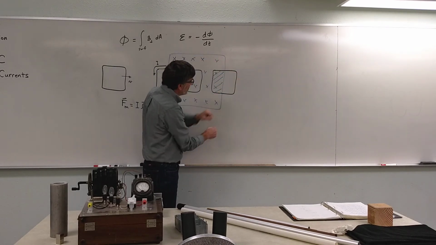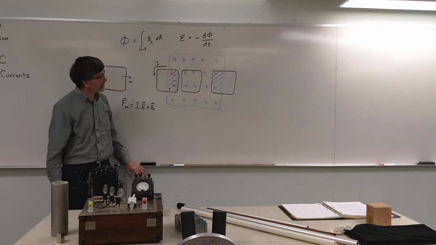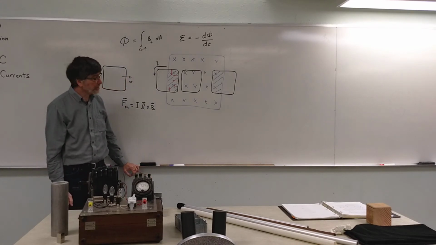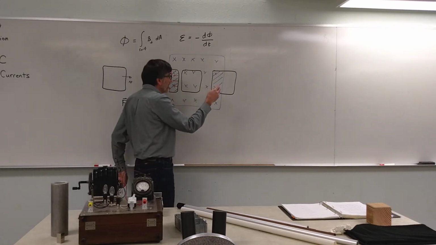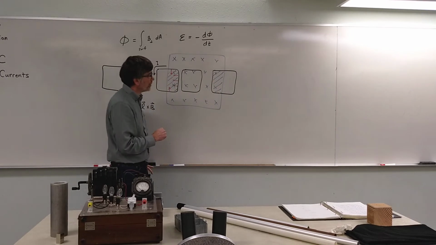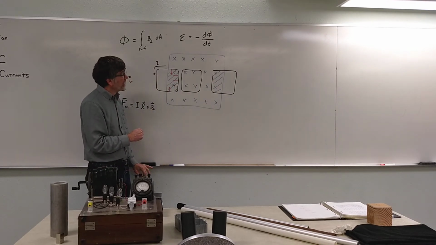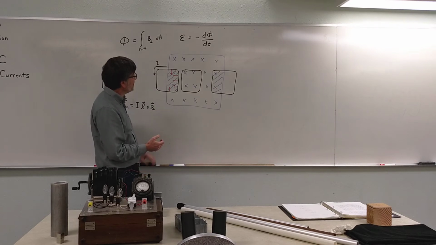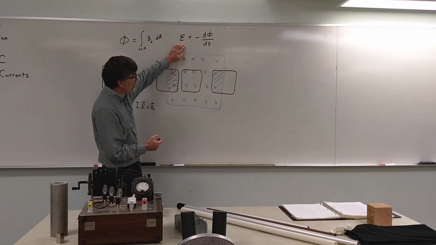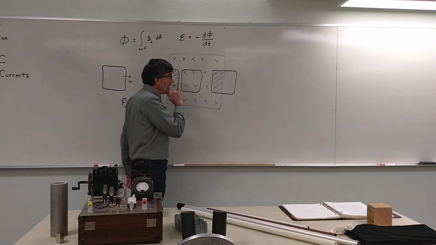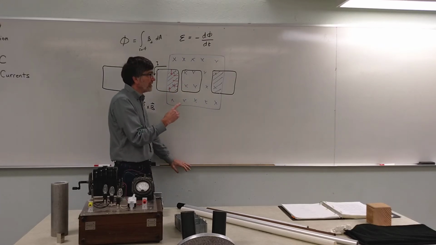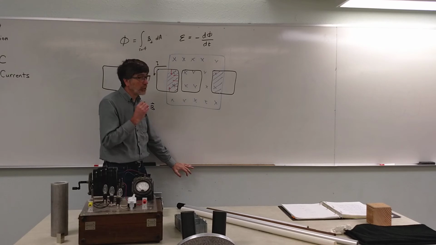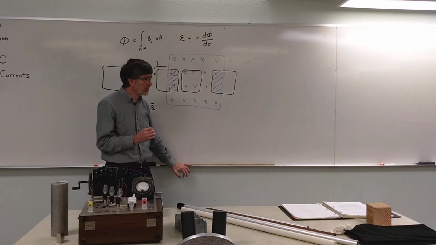As the loop leaves the region of the magnetic field, that area shrinks. So you're getting less and less flux through the loop, and that reduction in flux causes an EMF, an induced EMF, which makes current flow. Which way does current flow? Now remember, current flows in such a way as to oppose the change.